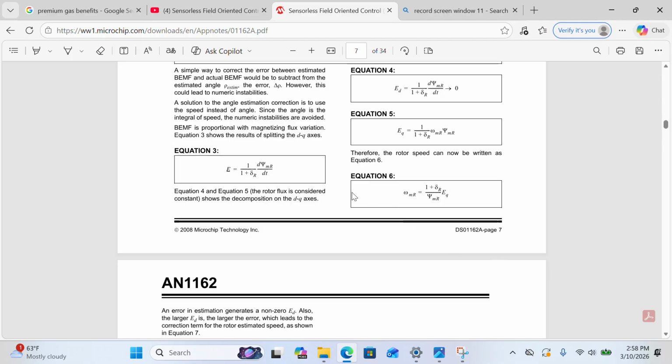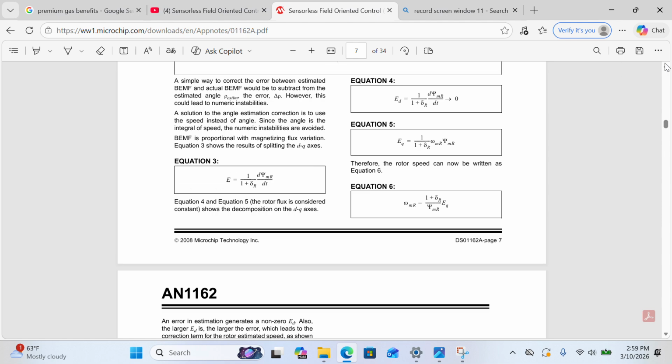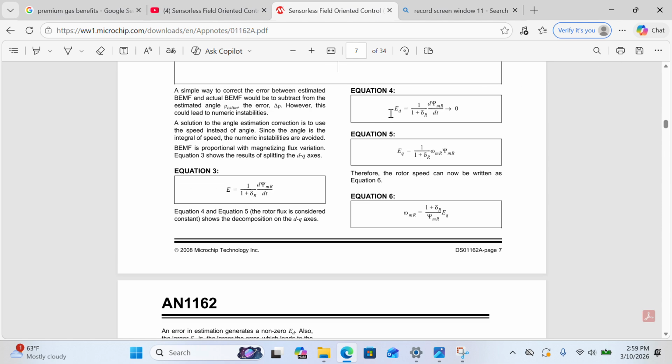And then here's the equation. The back EMF is this equation. This is a constant, so it equals the change of the magnetic flux. The induced back EMF we break down into the D axis and Q axis.